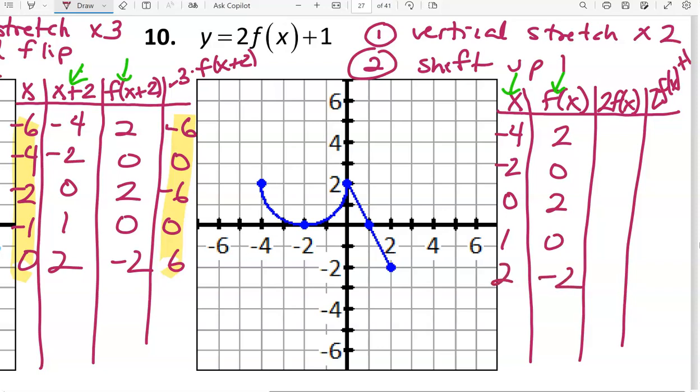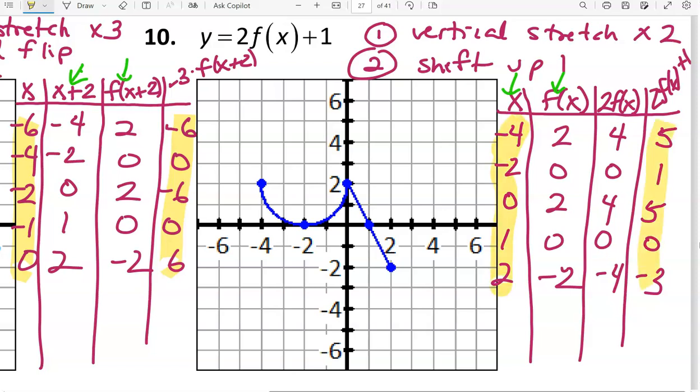To find 2 times f of x, take the f of x values and multiply by 2. And then add 1 for the last column. And now we're going to graph the first column, x, versus the last column, which will be our y values.